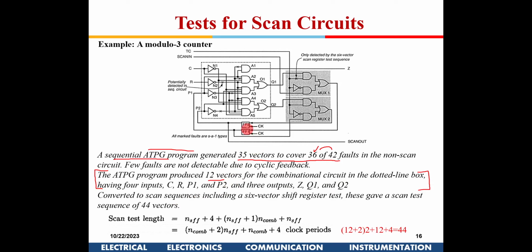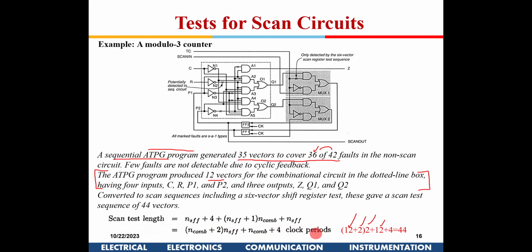So now if you put a scan flip-flop here, the scan test length, if I have to compute it, is 12 different test vectors plus 2 flip-flops, and n combinational is again 12.